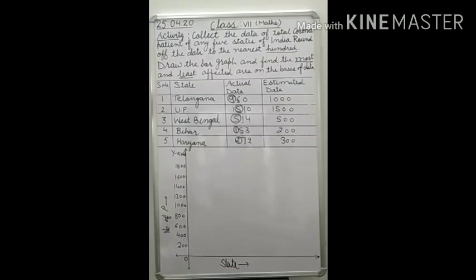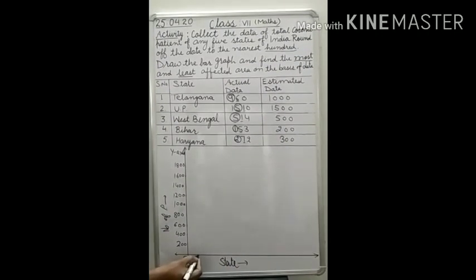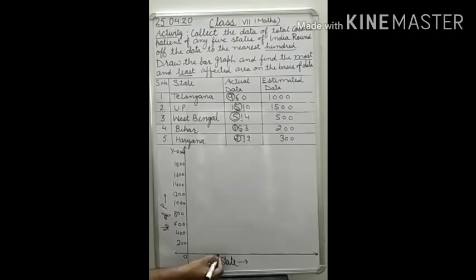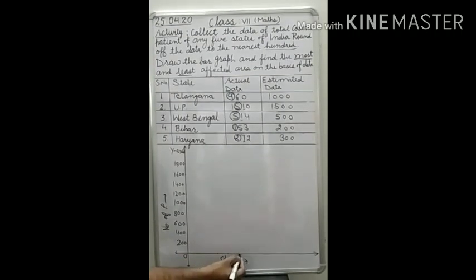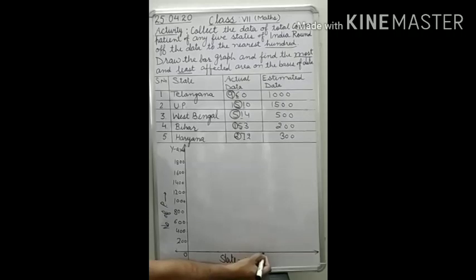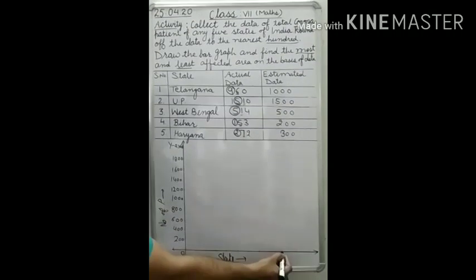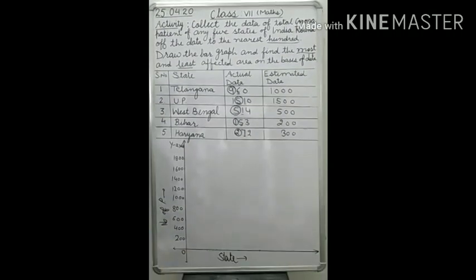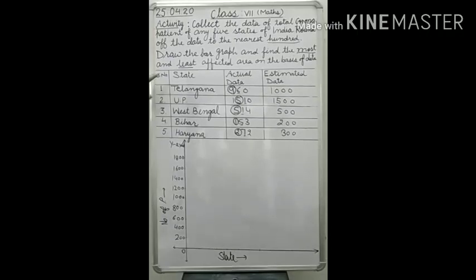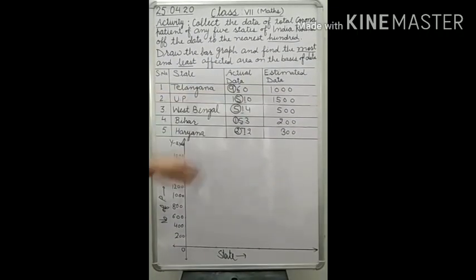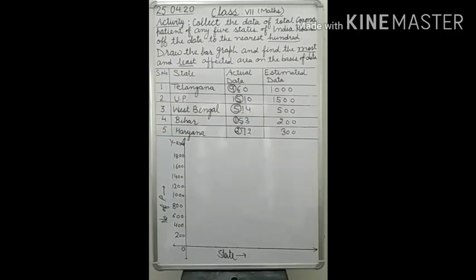Here we will represent the states at equal gaps. Like this. First we will draw the first bar for Telangana and it is according to 1000.